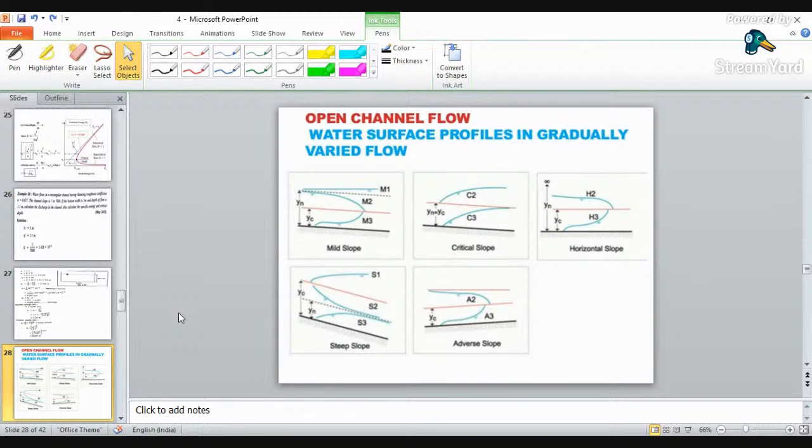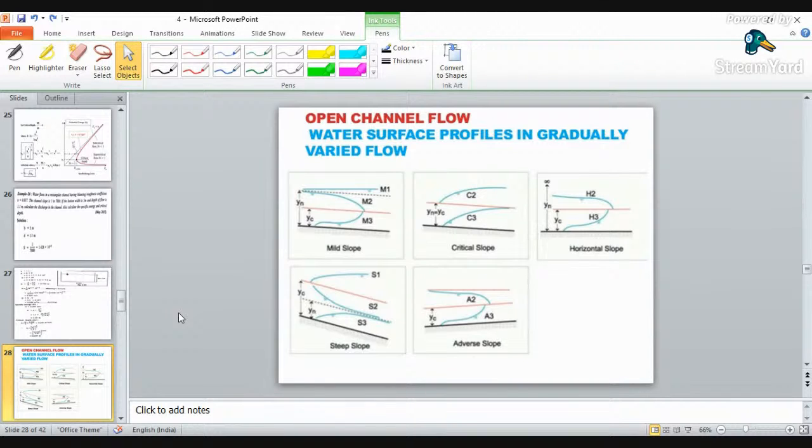Then for critical slope, your normal depth and critical depth should be equal. Then if the normal depth is greater than, or you can say it is infinity compared with the critical depth, then it will be a horizontal slope. Then if your normal depth is lesser than your critical depth, then it will be a steep slope.